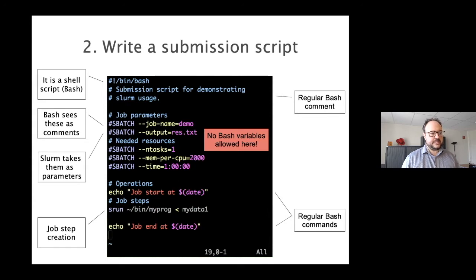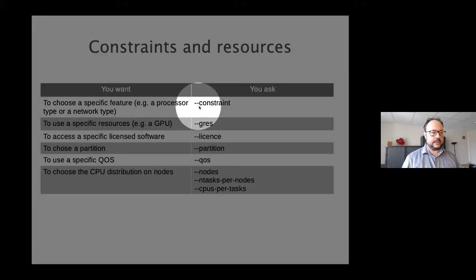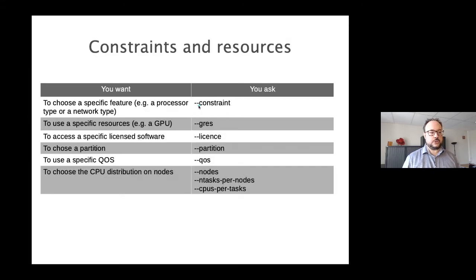You see here some examples of sbatch parameters. Here are some other examples for clusters that are heterogeneous. On clusters that have different types of hardware, you can use the --constraint option to choose a specific type of node.